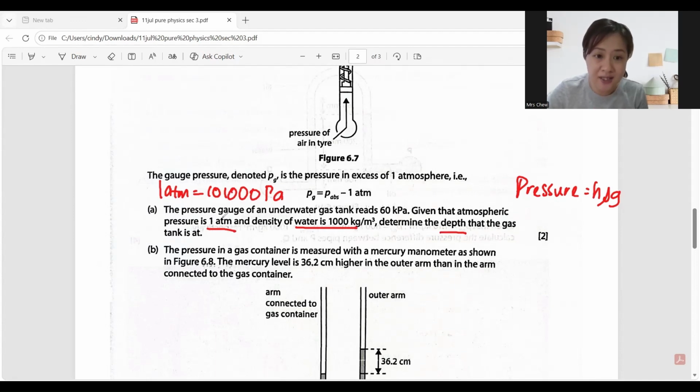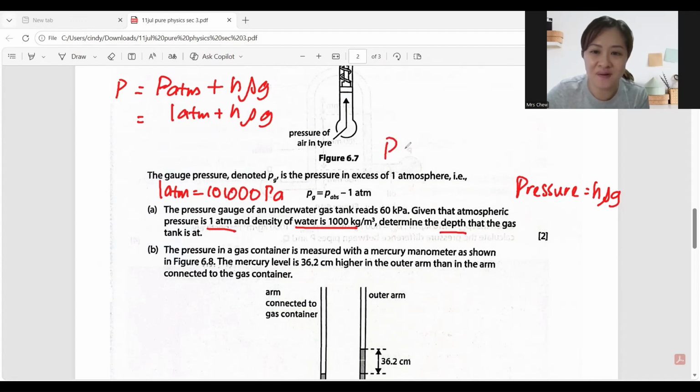The pressure of the gauge reached 60 kilopascal. So it equals the atmospheric pressure plus the pressure of the water on top of it. Just now, we mentioned that the absolute pressure, which is the pressure of where this gas tank is at, is the pressure of the gauge plus 1 atm.